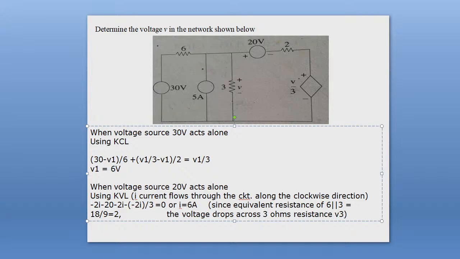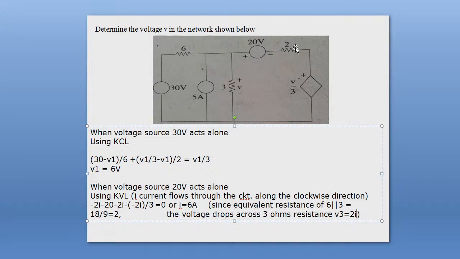Suppose V3 equal to how much? 2i, because the equivalent resistance of this is 2, and this voltage drop will be the same, so V3 equal to 2i. Okay, so this voltage is 2i. Therefore we have written 2i for this case.